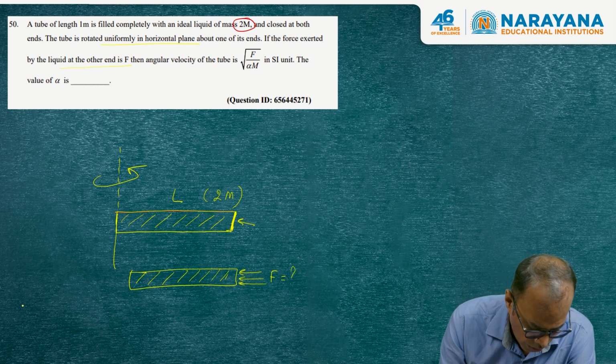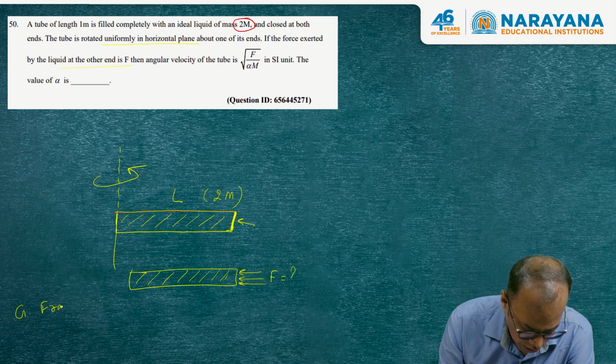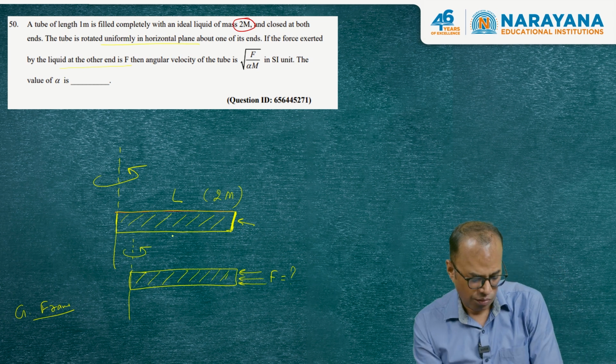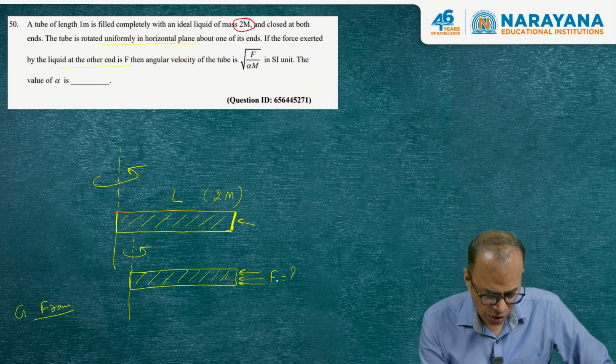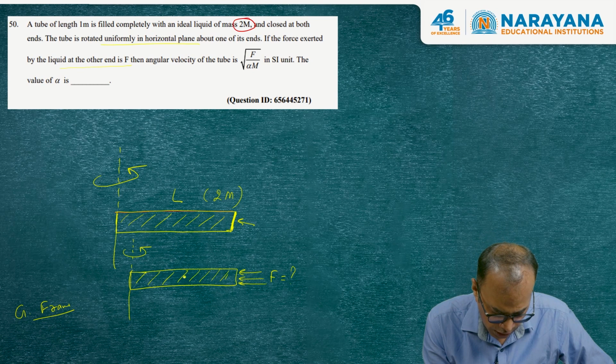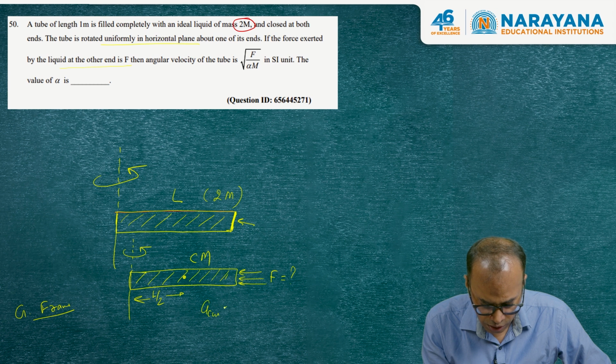So let's talk about it in the ground frame. In the ground frame, what I see is this entire liquid moving in a circle, and I am interested in calculating this force. I can just take the center of mass, which will be at a distance L by 2, and the acceleration of the center of mass will be omega squared times r, where r is L by 2.